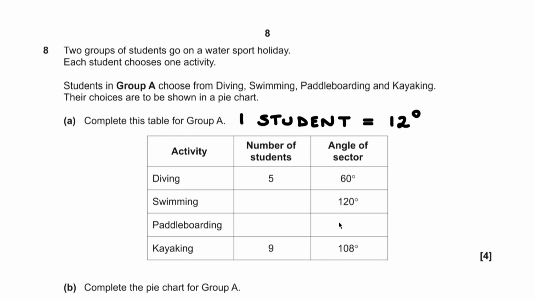So, we have 72 degrees. And what I can do is find out what each... well, if I know that one student is worth 12 degrees, I can find out the number of students for each using the angles given.